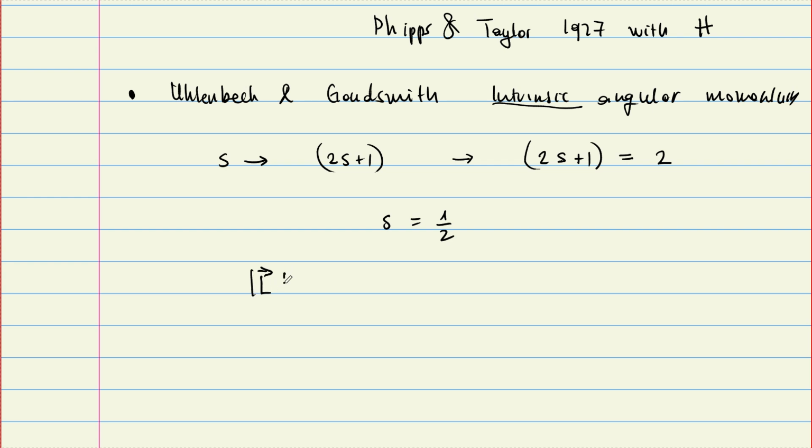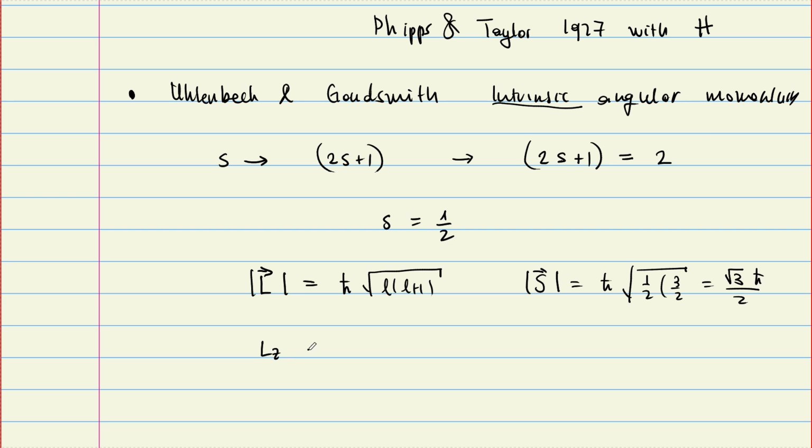L, if you look at the magnitude, was equal to h bar root L times L plus 1. In the case of this S, we are going to have h bar, but S can be only 1/2, and 1/2 plus 1 is 3/2. So this is going to be root 3 h bar over 2.